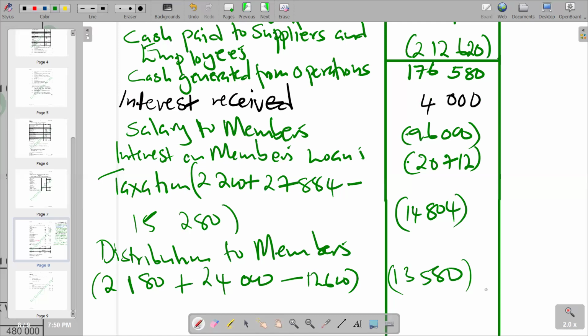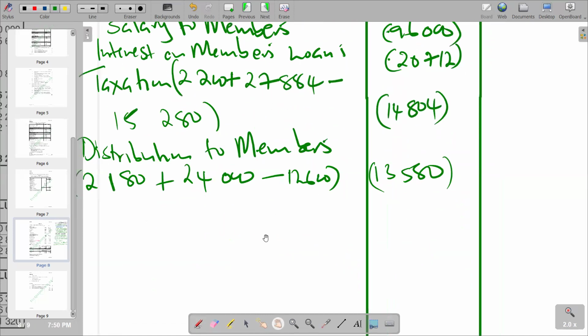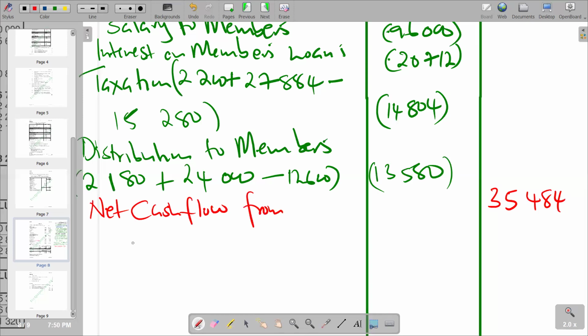So if you make the calculation there, you are going to see that you will get a positive figure of 35,484, which is going to be our net cash flow from operating activities. So this is what we have also, net cash flow from operating activities.